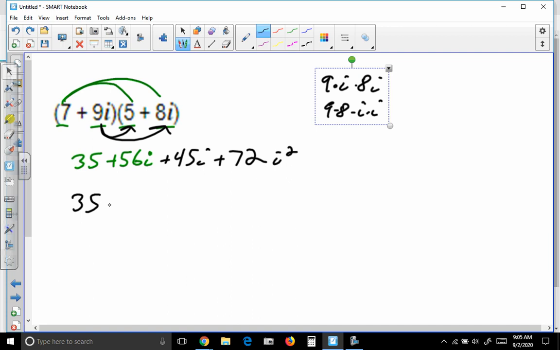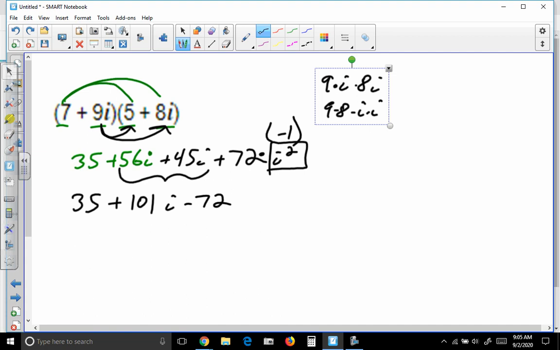So the middle two terms are alike. Those are both i's. If we add 56 plus 45, we get 101. i squared is -1. So this is 72 times i squared, or 72 times -1, which makes that minus 72.